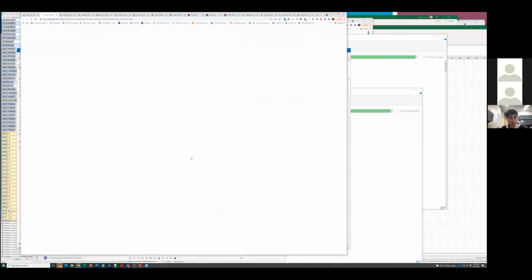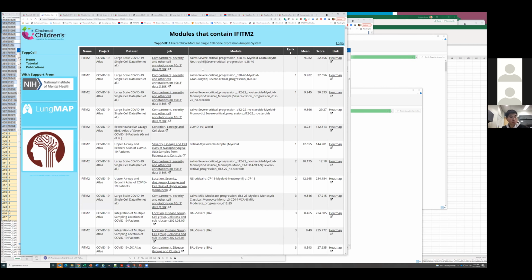Or you can look for any gene. And when you search for a gene in the signature atlas that's generated by ToppCell, it says, okay, you searched for IFITM2, and everything is just within the COVID-19 atlas. Here's the data set where a signature was drawn from, and you can sort by any one of these columns, thanks to Eric's amazing engineering.